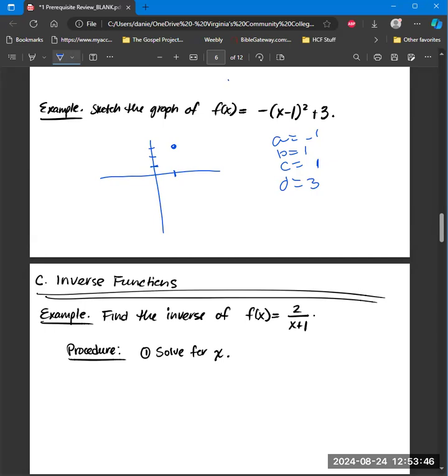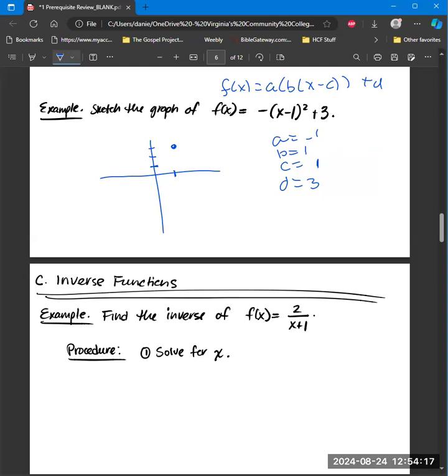If this is in the form of f of x is equal to A times f of B times x minus C plus D, like that, we have no horizontal compression. We are reflected over the x-axis.